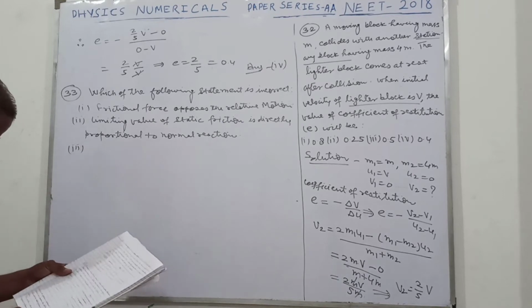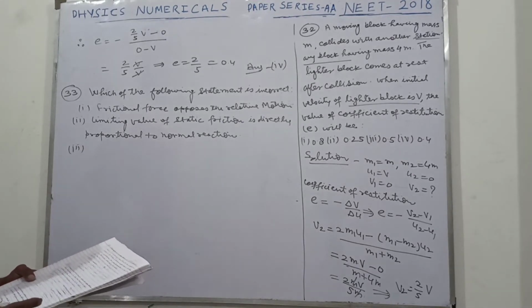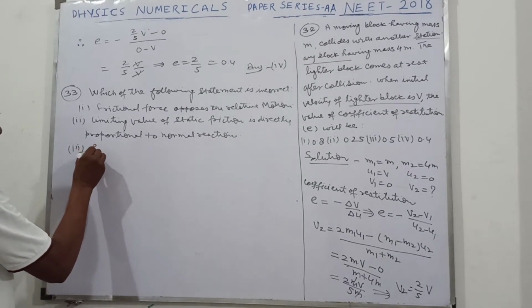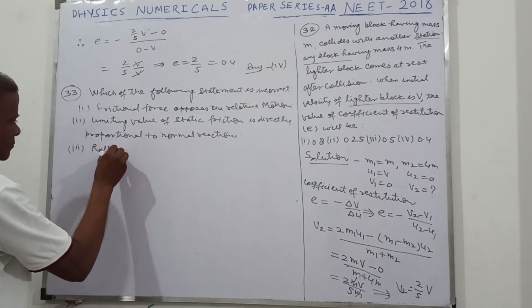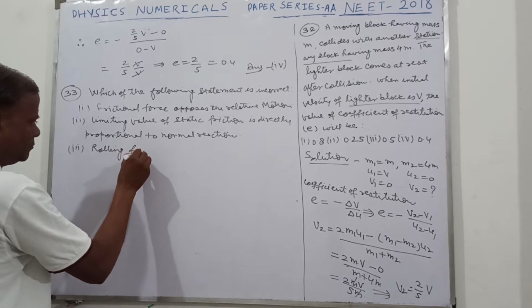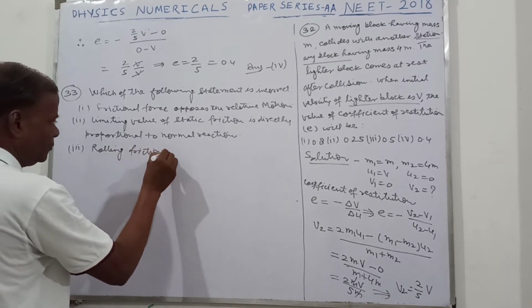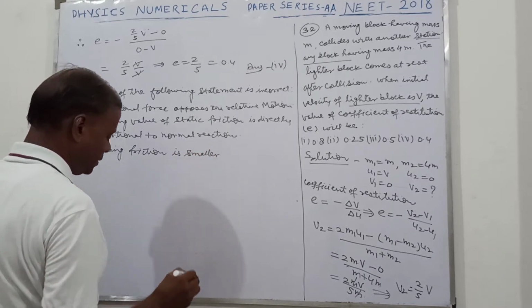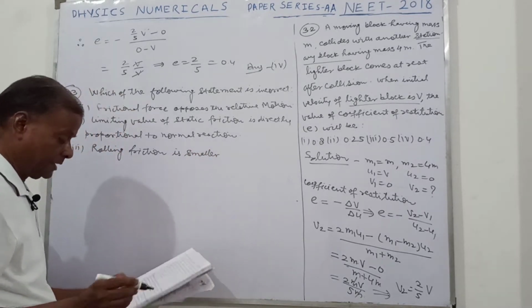And now third is, rolling friction is smaller than sliding friction.